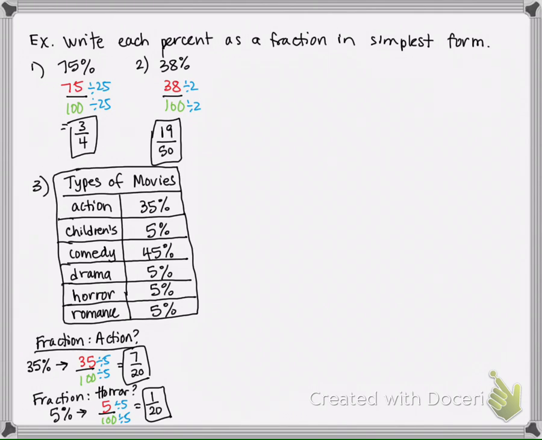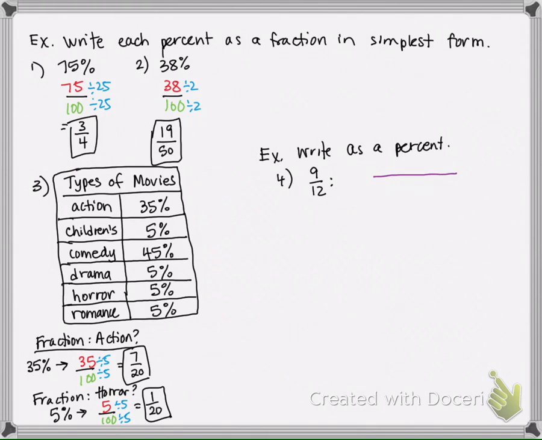Okay, all right. Let's go the other direction. Write as a percent. Number 4. So we've got 9/12. Okay. So what I'm going to do is I'm going to take this guy.